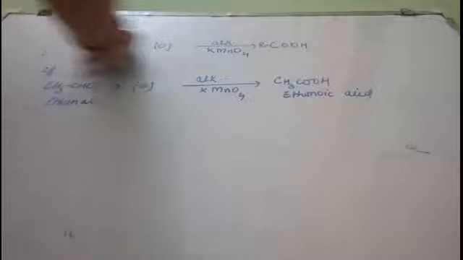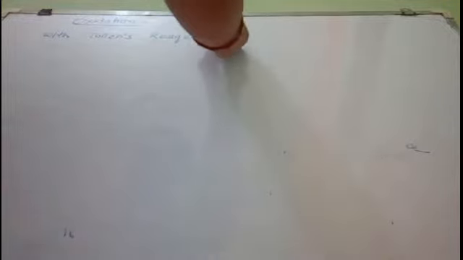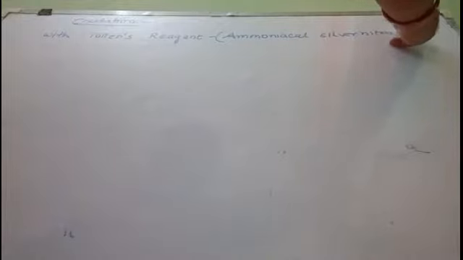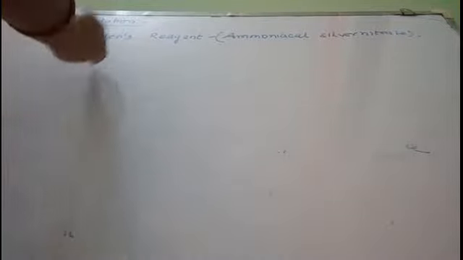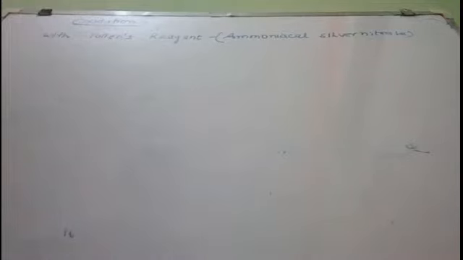So we will study the reaction with Tollens reagent. What is Tollens reagent? Tollens reagent is ammoniacal silver nitrate. Right. So what happens is that aldehydes, when treated with ammoniacal silver nitrate, form a silver mirror, right?